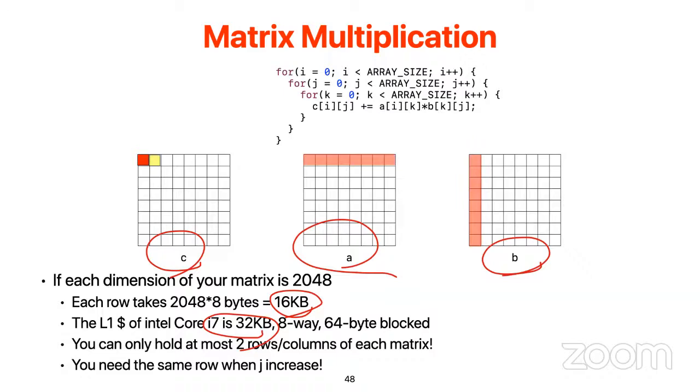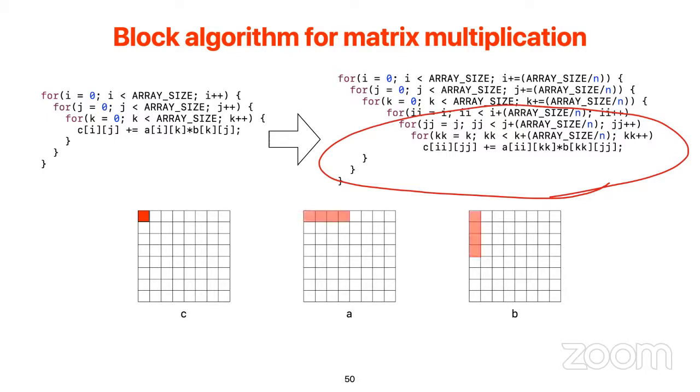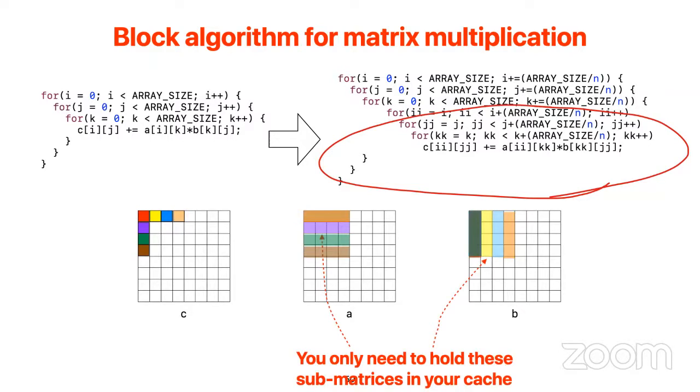So there's going to be capacity misses all the time. What we suggest to improve this piece of code is the block algorithm. Every time you only perform the matrix multiplication on a sub-block basis. I partition the matrix into sub-blocks, and I just calculate the partial sum of each sub-block.